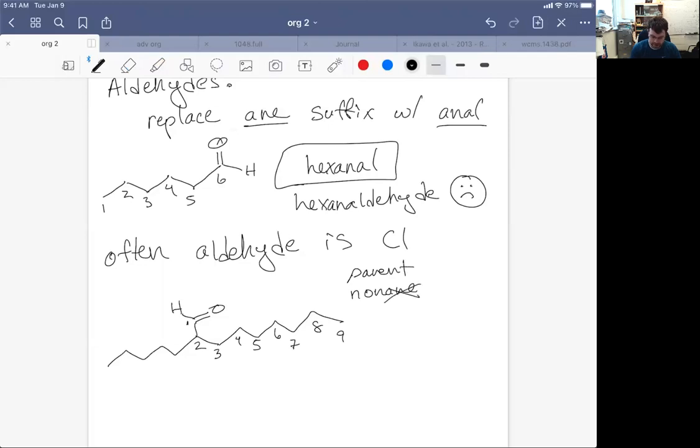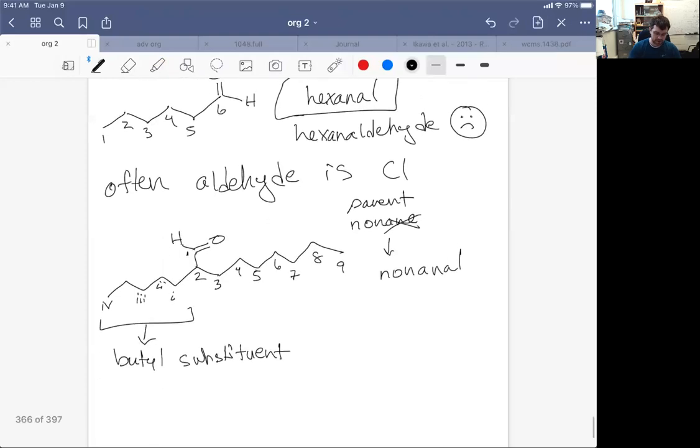We're going to cross out the ANE and replace it with ANAL, so it's nonanal. Now at the 2 position, we have 1, 2, 3, 4, so we have a butyl substituent at the 2 position.